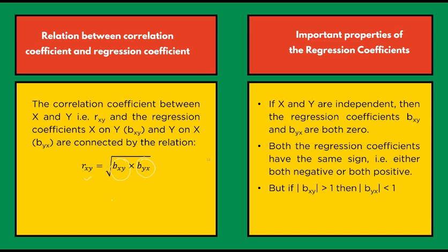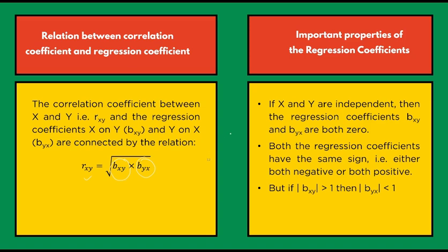That is, the slope of the equation x on y and the slope of the equation y on x, when multiplied with each other, give the square of the correlation coefficient. Just take the root of that, and you get the actual value of the correlation coefficient.